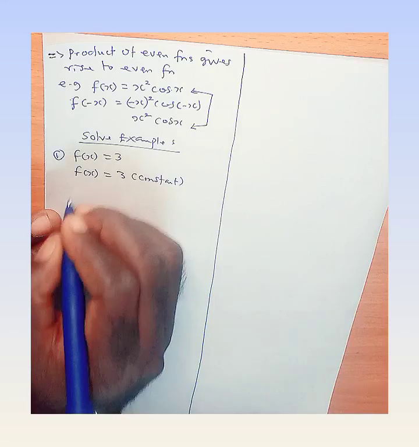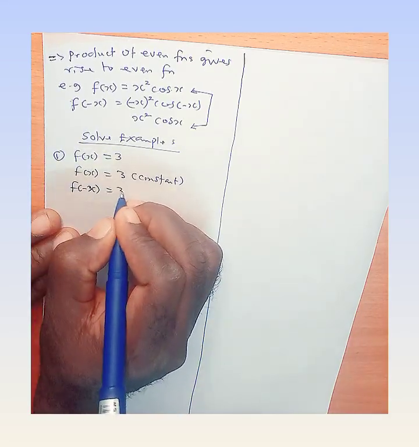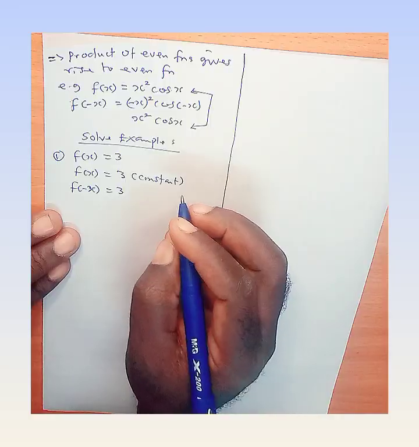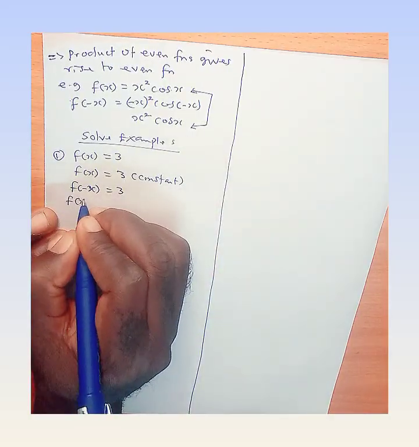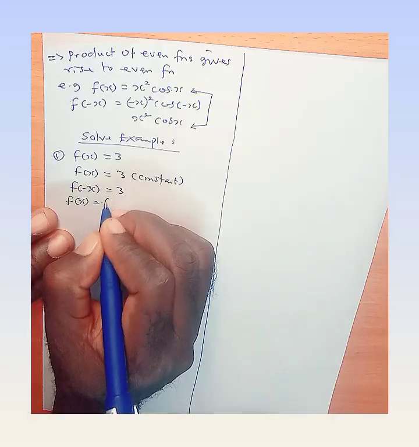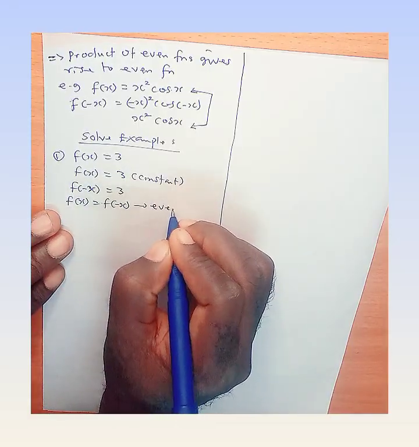It does not change. Then f of minus x is also equal to 3. For this reason, f of x is equal to f of minus x. This function is an even function.